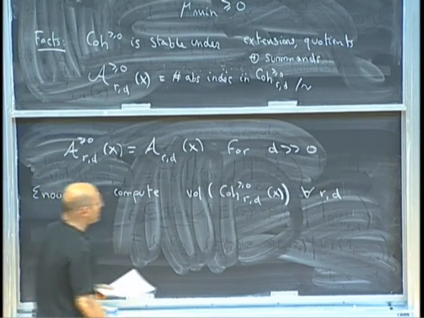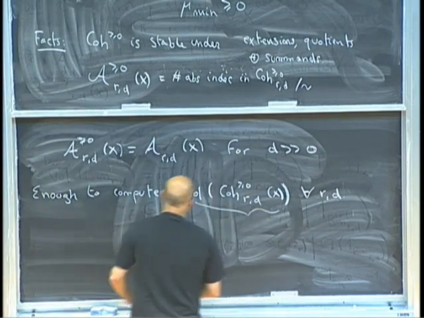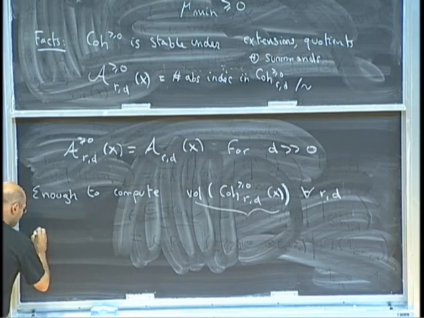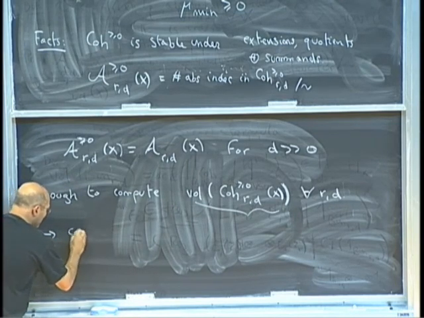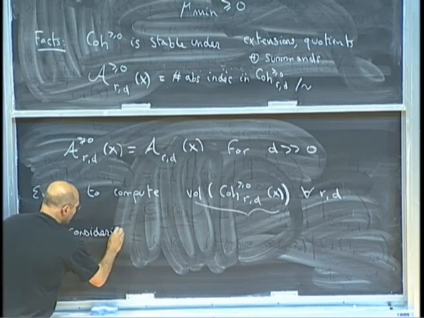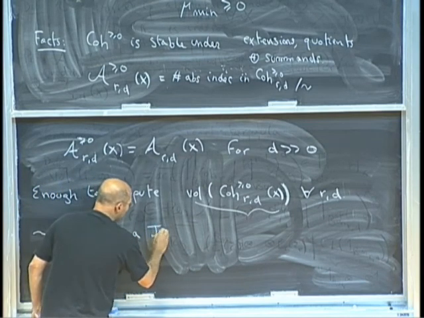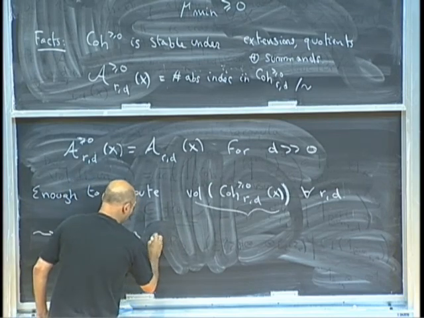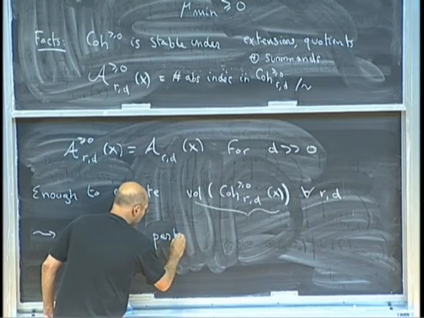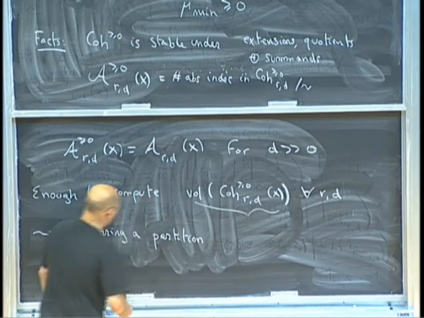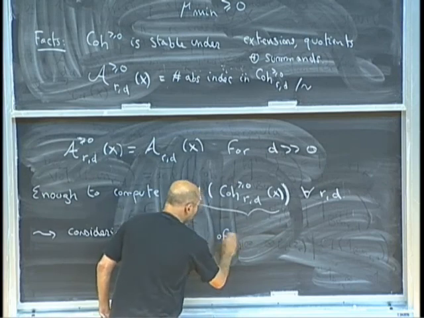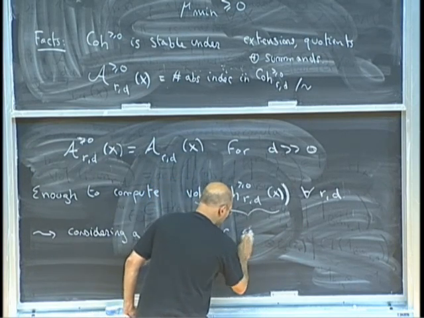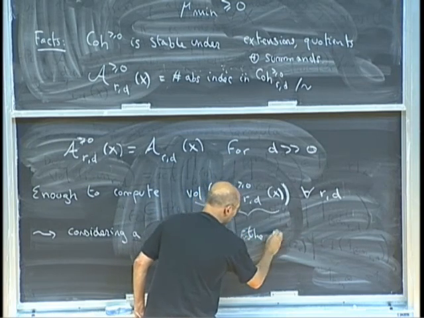Okay, so now I want to compute this thing, and I really don't have much time, but let me just say that this is done by considering a Jordan decomposition, a stratification, done by considering a partition of a certain stack.